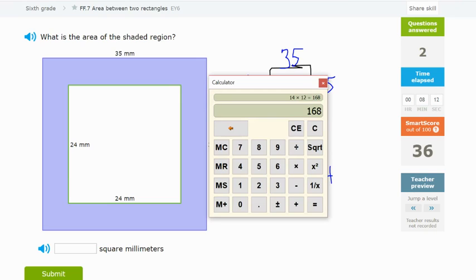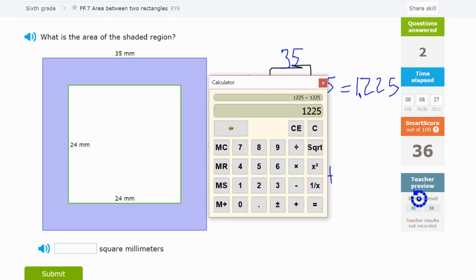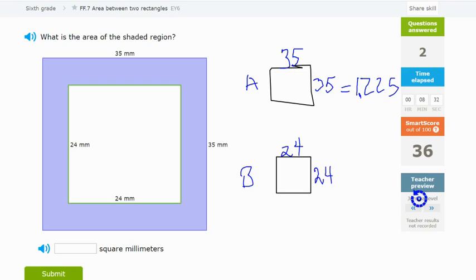I'm going to use my calculator. 35 squared is 1,225. And then 24 squared, because it's a square, is 576.